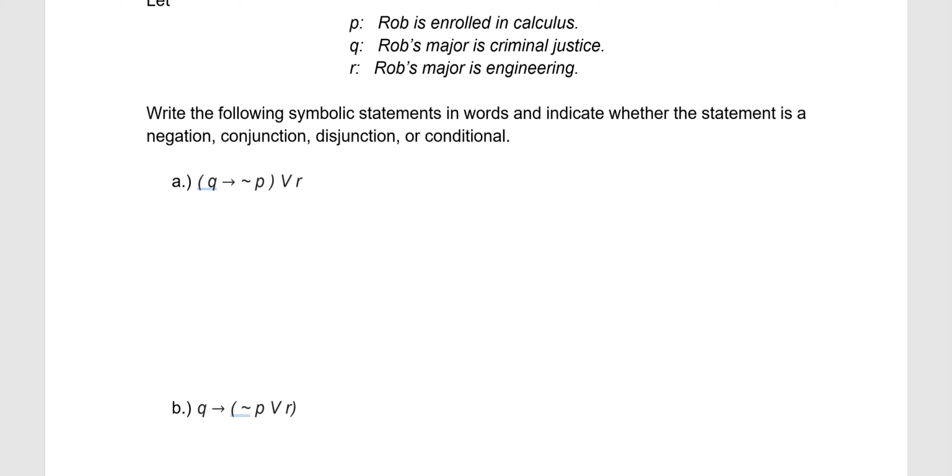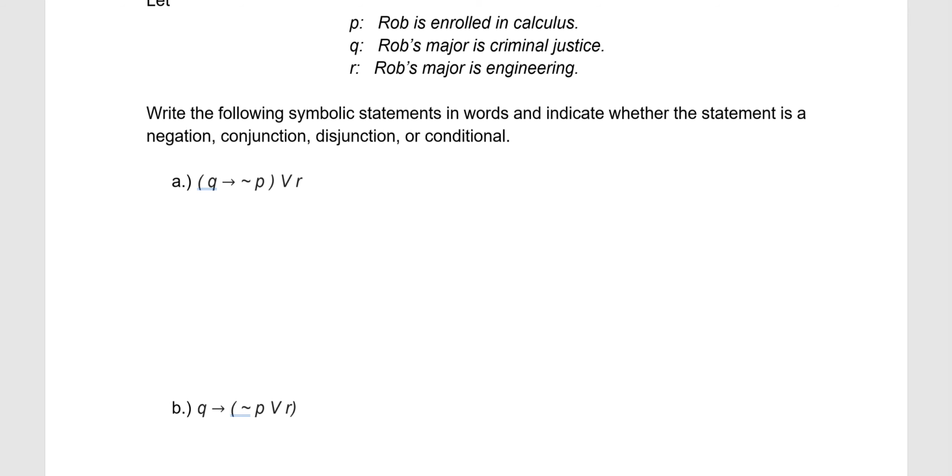So the first one, we have Q, and then conditional, the negation of P, and then we have the disjunction statement R. So when we have the parentheses like this, we should know there's going to be a comma. So let's take care of the statement in parentheses first, and then we'll worry about the part after that once we're done. So it's a conditional, so we're going to start with if.